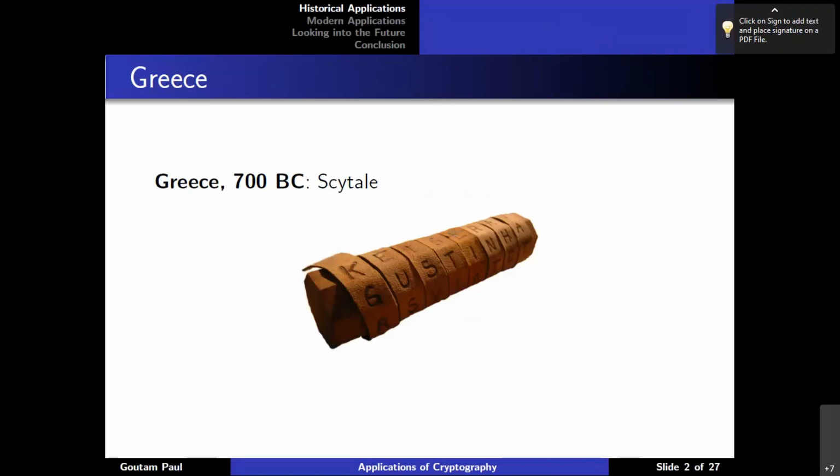Then a fixed length strip written on parchment paper or something of that sort, a strip containing letters of specific size, and the strip will have a certain width and height, and the letters will be written in such a way that if one opens the strip and reads from left to right, one cannot understand anything. The letters will not have any meaning. However, if one wraps that particular strip around this stick, and looks at the characters that are aligned in one straight line, then the word formed by those characters definitely means something, right? So for example, here in the picture, you can see that after wrapping the strip around the stick, G is aligned with U, that is aligned with S, then T, then I, then N, then H, and A. So this is supposed to mean something.